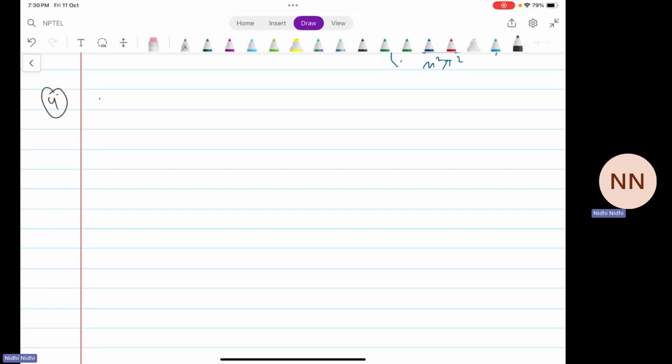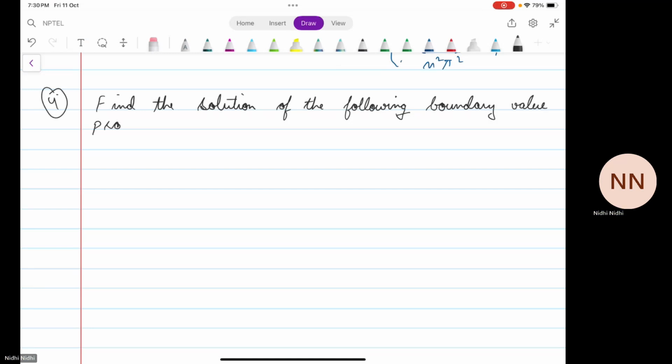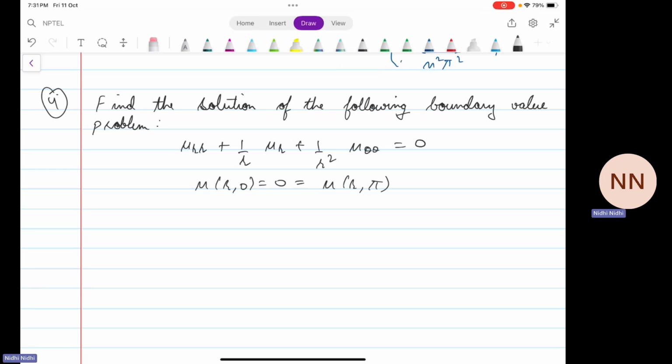Find the solution of the following boundary value problem. u_rr plus 1 by r times u_r plus 1 by r square u_theta theta equals 0, along with the boundary conditions u_theta(r,0) is equal to u_theta(r,pi), that means this is for every r positive and 0 less than theta less than pi.